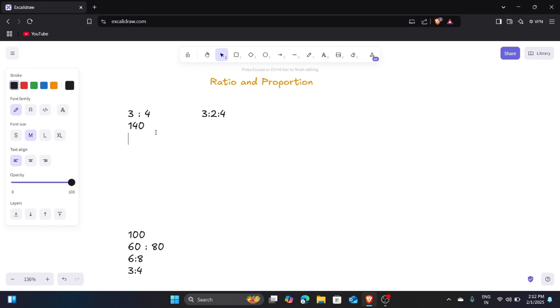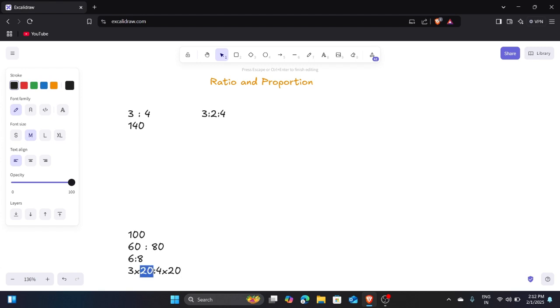If you multiply by 20, and do the same on the other side, you get your numbers back, 60 and 80.